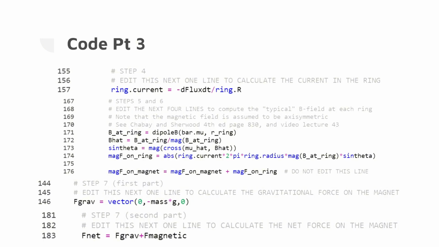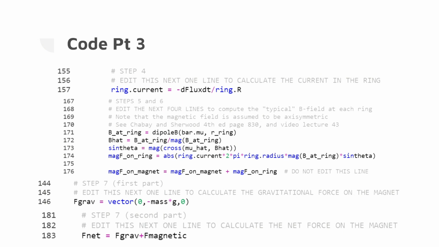Next, we're using Ohm's law to calculate the current flowing through one of those rings using the flux that we calculated in the previous slide. And then we're using that current with Lenz's law to calculate the force that is being exerted on one ring by the magnet.